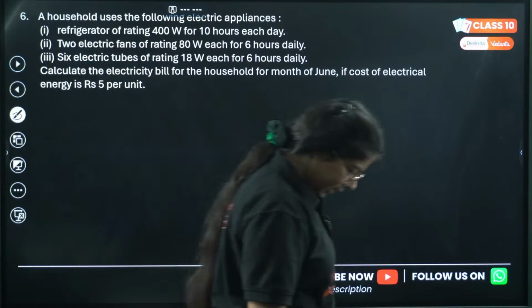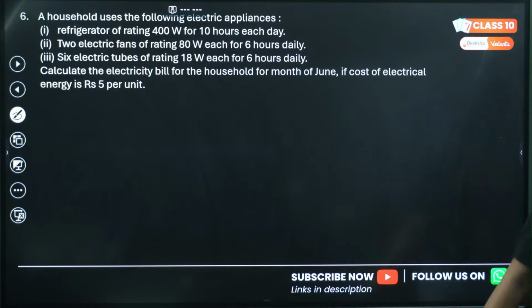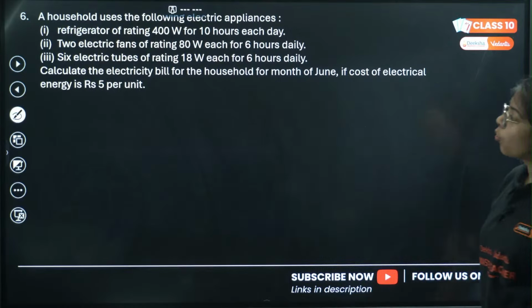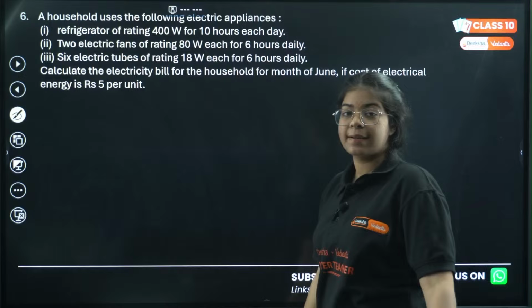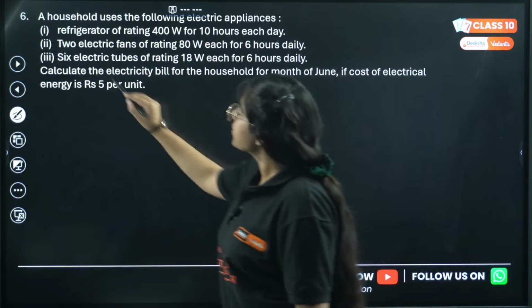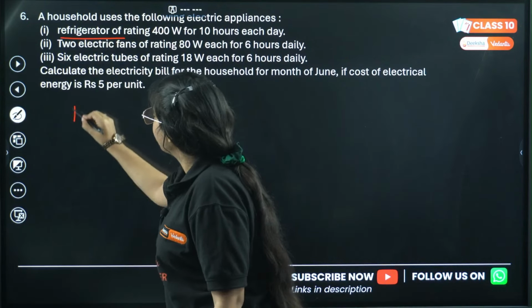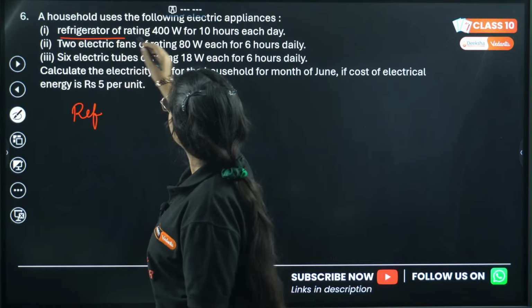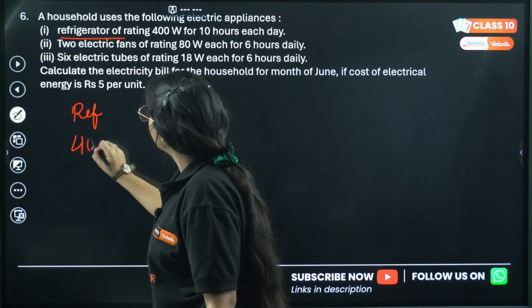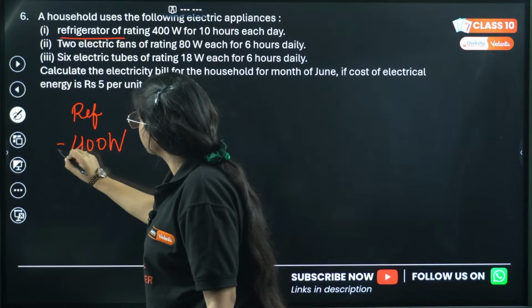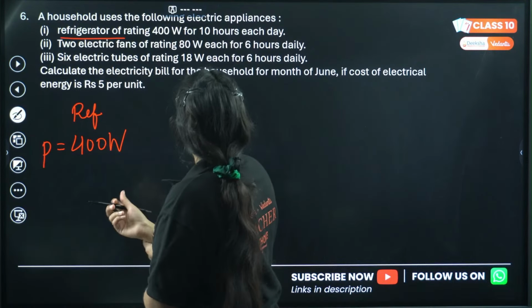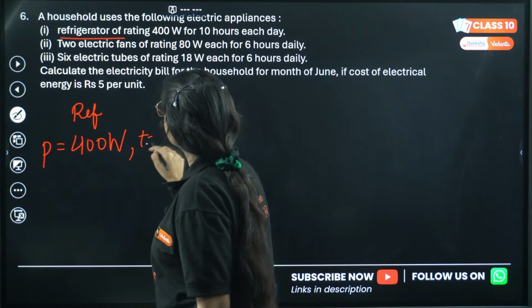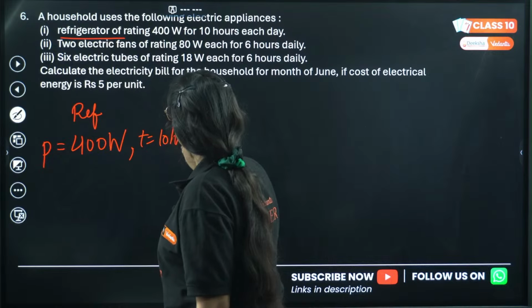The question says, a household uses the following electrical appliances. First, it uses a refrigerator of rating 400 watt. So this is power. Okay, then for 10 hours, time is 10 hours, correct?